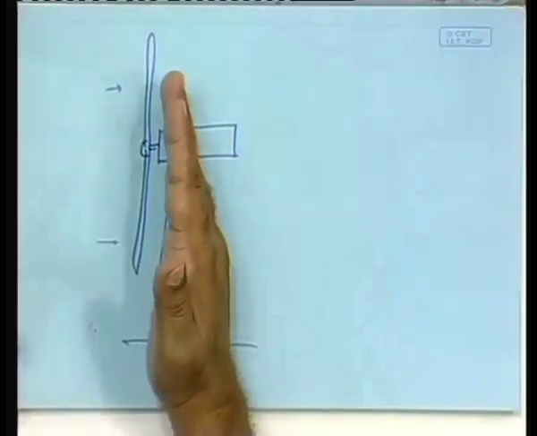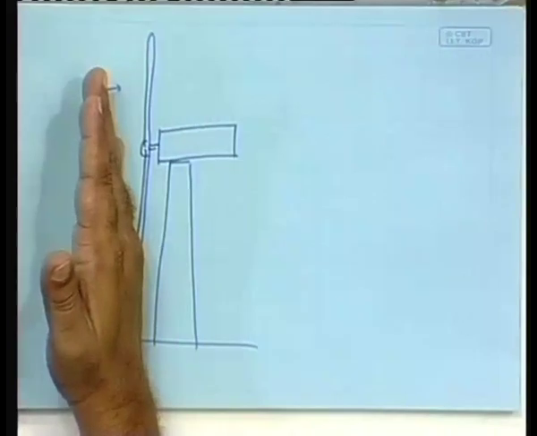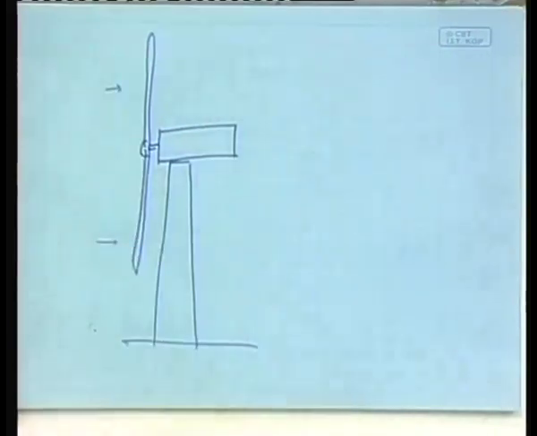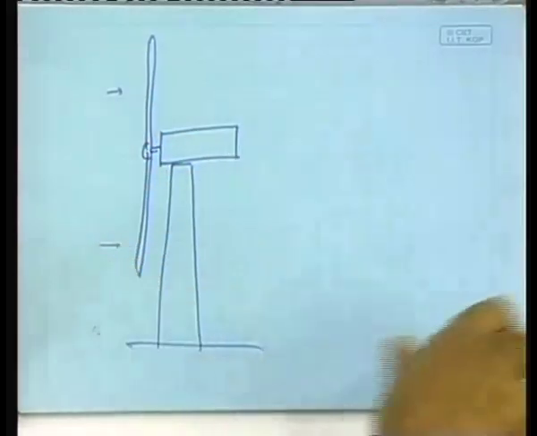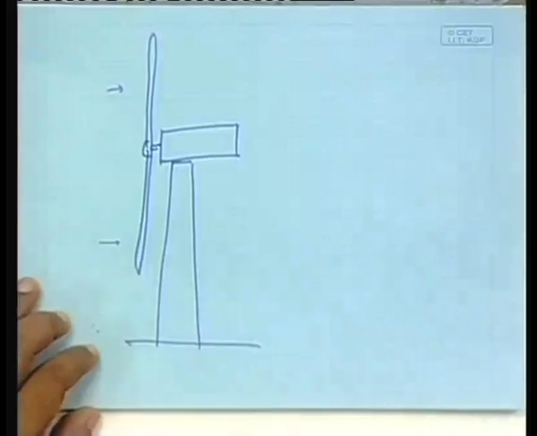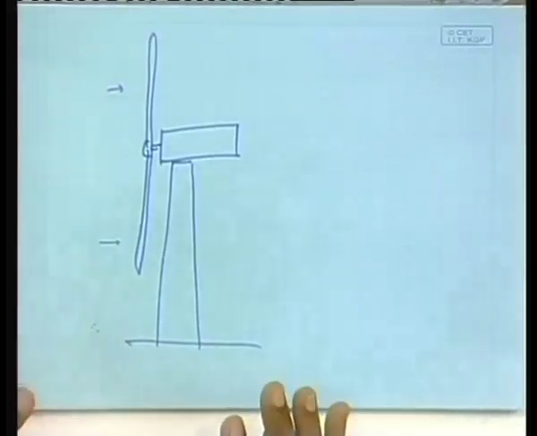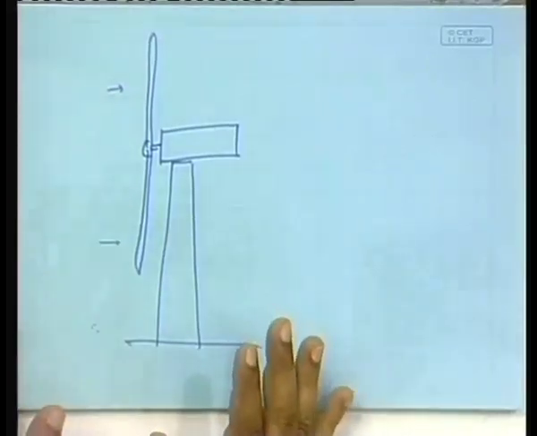So, as the blade passes by, when it comes here, it will suddenly run into some disturbed wind, and that happens both for downwind and upwind, because if it is upwind, then also there is a disturbed wind this side. As a result, the torque will pulsate as it goes through the whole cycle, and that torque pulsation obviously will be less if you have a 3-bladed turbine.